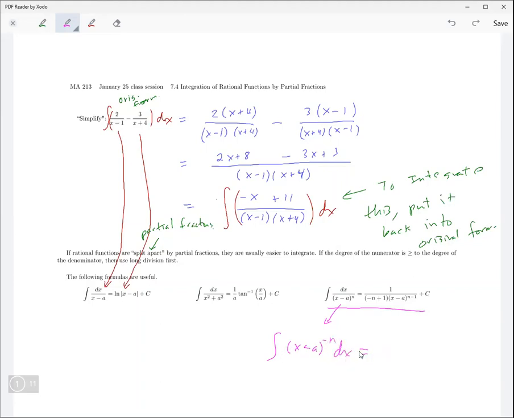When you integrate, you add 1, and then it's over negative n plus 1, like that. So if you take the derivative here, you have this negative n plus 1 come down, it cancels that out, and then subtracting 1 gives you just this. That's kind of where this formula came from.